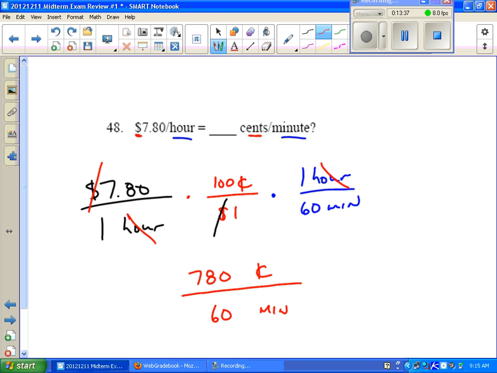So you have 780 divided by 60, which we'll simplify, is 13 cents per 1 minute. So 13 cents a minute. Simple conversion. Again, the trick to conversions is make sure that when you're multiplying, you're multiplying the opposite. If it's at the top, put it at the bottom, and the bottom the top.